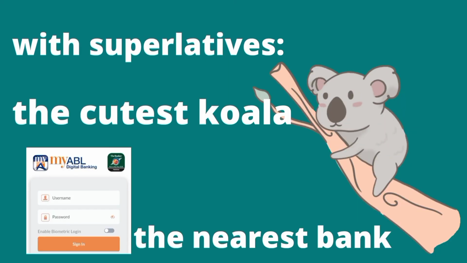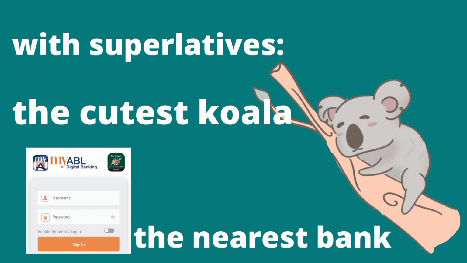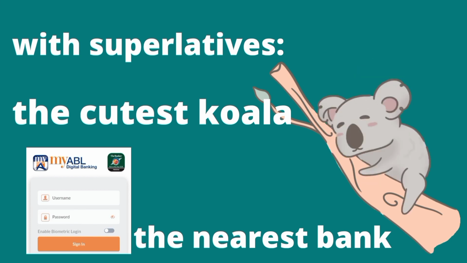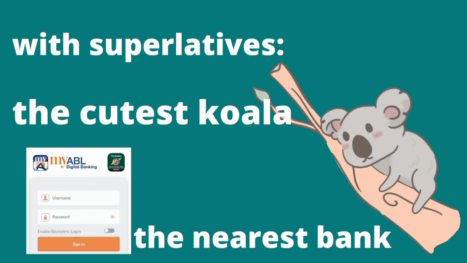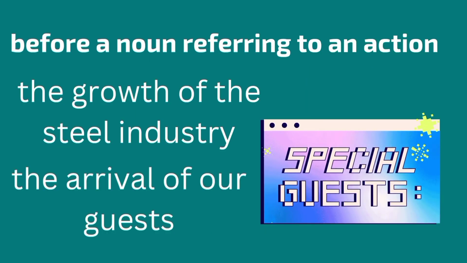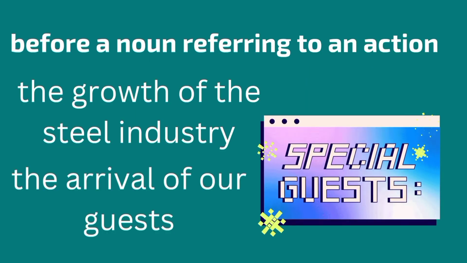It is also used before an adjective or adverb to emphasize that something is bigger or better than all others. For instance, I had the worst headache last night, or the cutest koala, the nearest bank. The is used before a noun referring to an action.